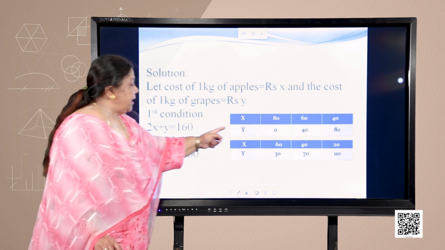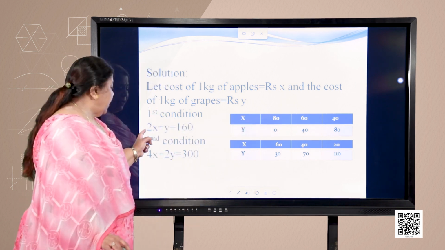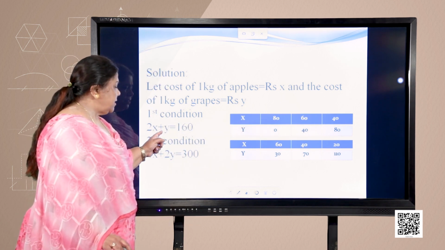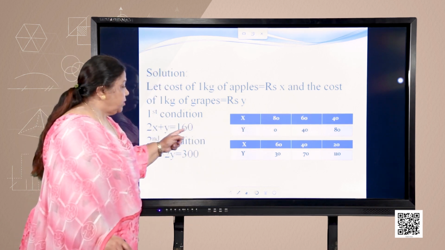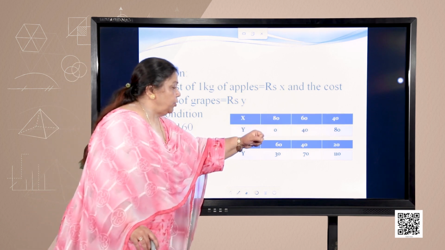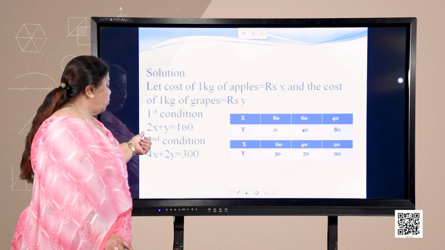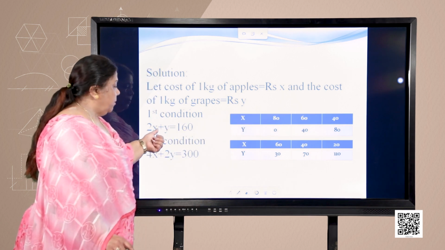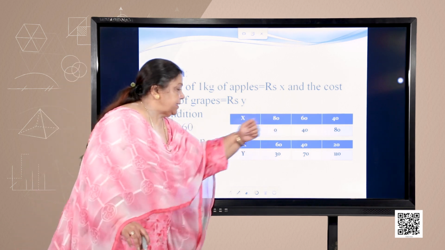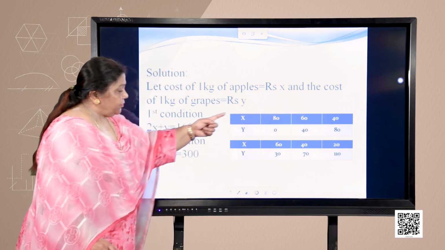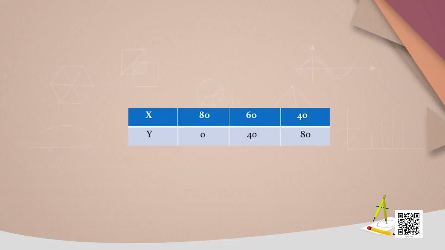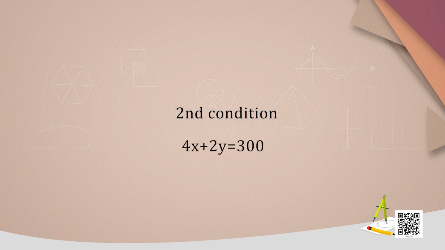If I put various values of x and y, it will satisfy the equation. When I take x is equal to 80, I get 2 into 80 plus y has to be 0. So it is 80 comma 0. Likewise, if I take the value of x as 60, 60 into 2 is 120 plus 40, that gives me 160, and likewise for 40 we get 80. So this is a tabular column for the first condition, and the second condition is 4x plus 2y is equal to 300.